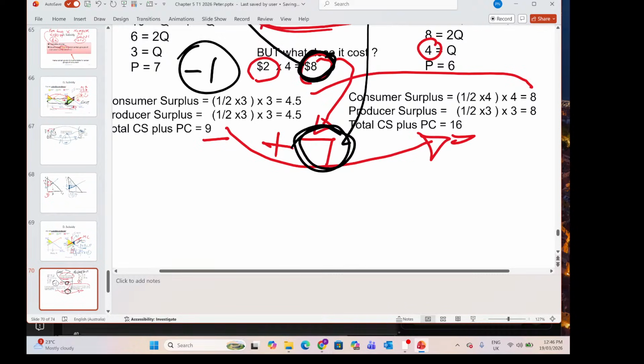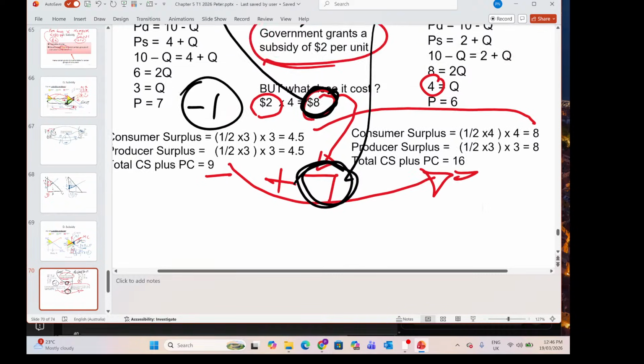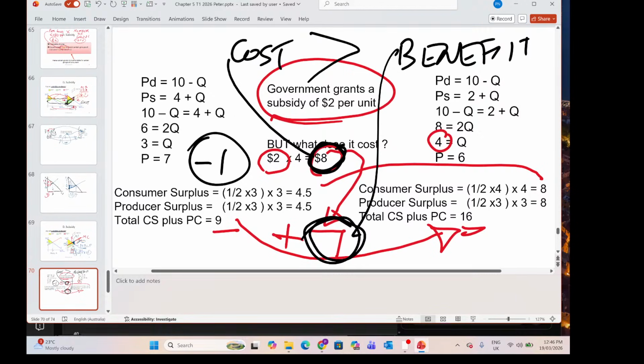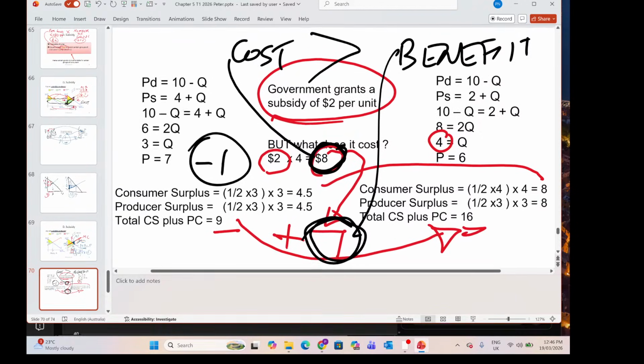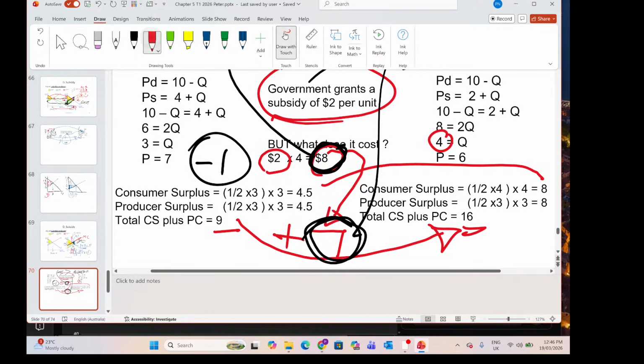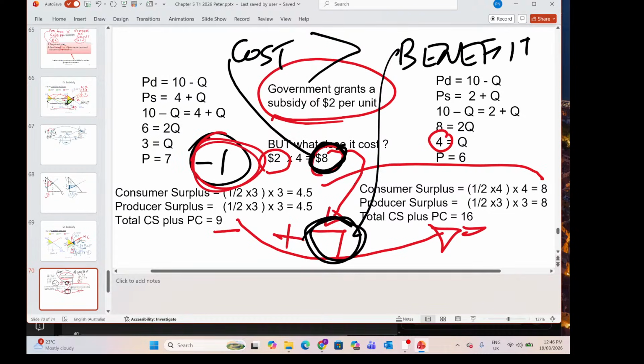Yes, that accounts for the difference we saw on the previous slide, right, where there was a net cost of 1. So we've now shown it on our diagram. There's our dead weight loss. We calculated it, and then we also saw it on the diagram.